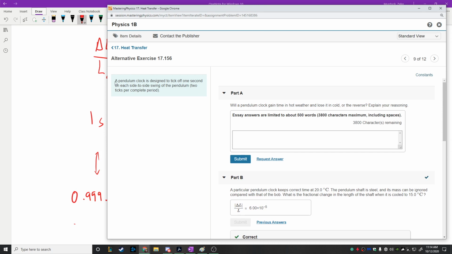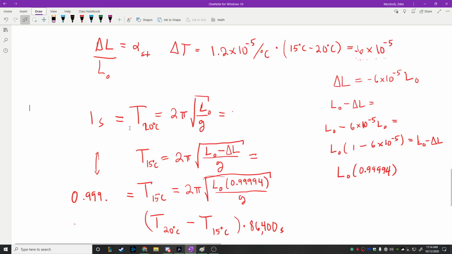Oh, okay, I have to read the problem. I'm such an idiot. A pendulum clock is designed to tick off 1 second on each side to swipe. Okay, it is 1 second. So, okay, this was correct. This assumption was correct, actually, even though it's actually written in the problem. Okay, so I feel a lot more confident about this, basically.